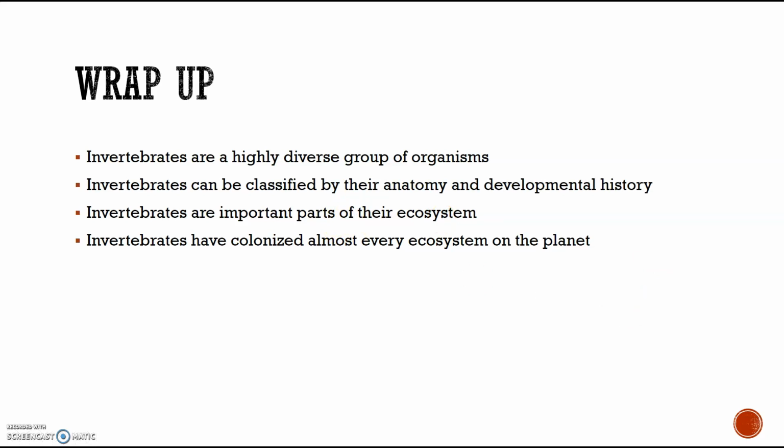They are predator animals. A lot of them are filter feeders that are taking things like algae and turning it into useful protein. So they are extremely important parts of their ecosystem. And they have basically colonized almost every ecosystem on the planet. Anywhere you look, you're going to find invertebrates, except for a few exceptions.